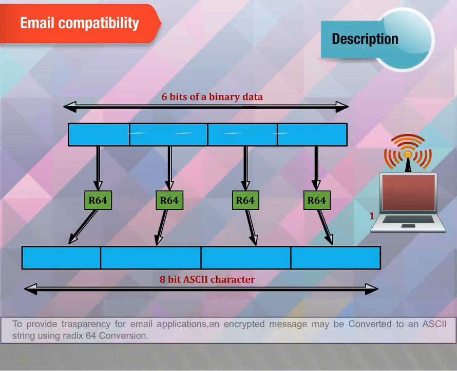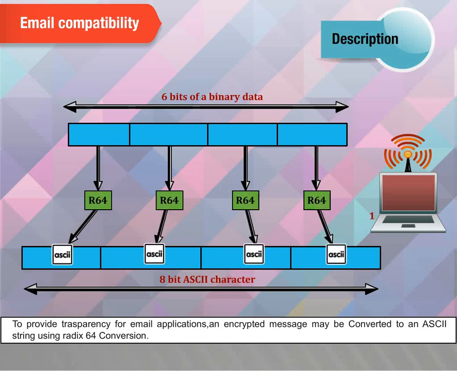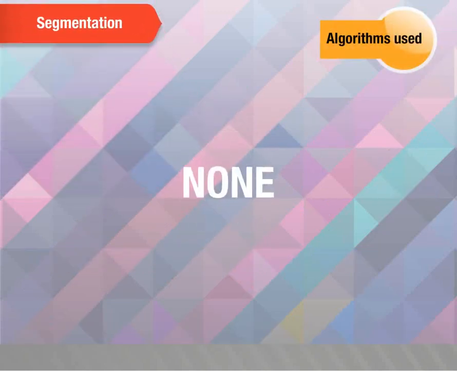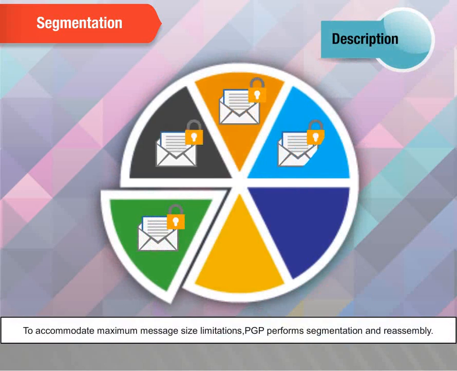Description: to provide transparency for email applications, an encrypted message may be converted to an ASCII string using radix 64 conversion. Segmentation. Algorithms used: none. Description: to accommodate maximum message size limitations, PGP performs segmentation and reassembly.